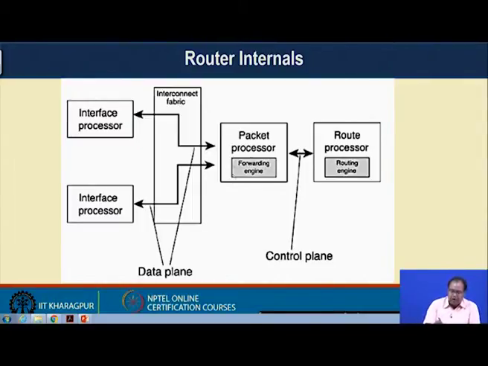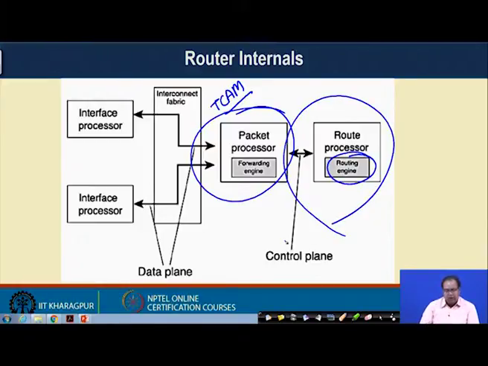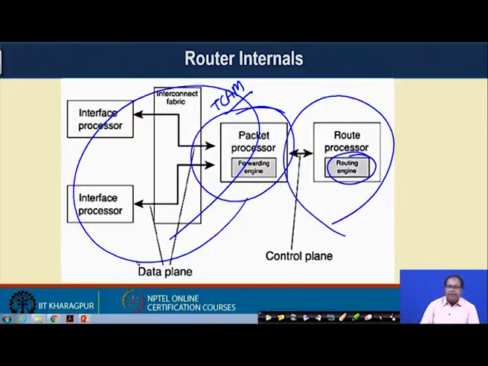This packet processor contains the forwarding engine to make a match with the routing table and then find out the next hop. This part is implemented in TCAM in the hardware. And then you have the route processor, which is a general purpose processor that implements the routing engine, that means finding out the routing path based on the specific routing algorithm that you have configured in the router, and then constructing the routing table. This part constitutes your control plane and this part constitutes your data plane in the router hardware.